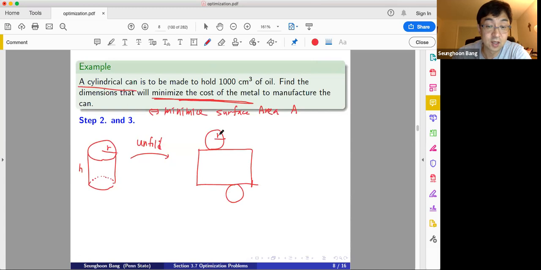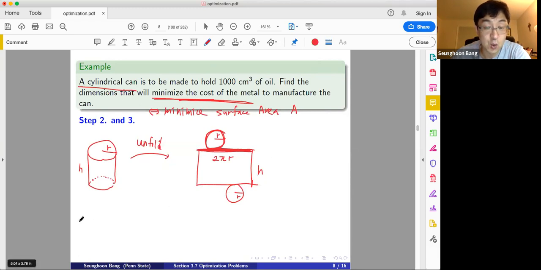This radius is R. Height is H. So how can you find this one? The length of the rectangle is exactly the same as the circumference. The circumference is 2 pi r, right?